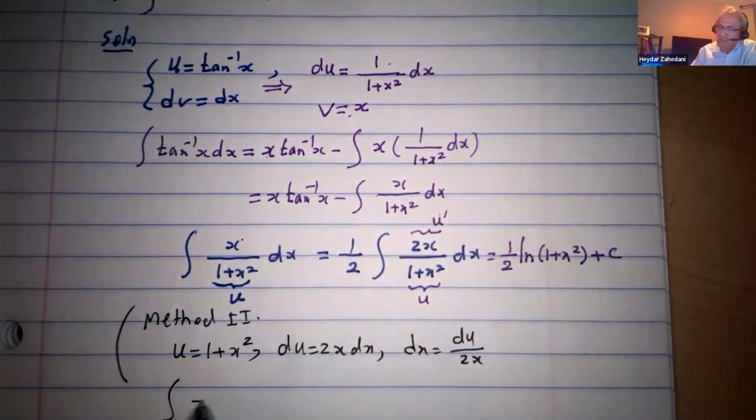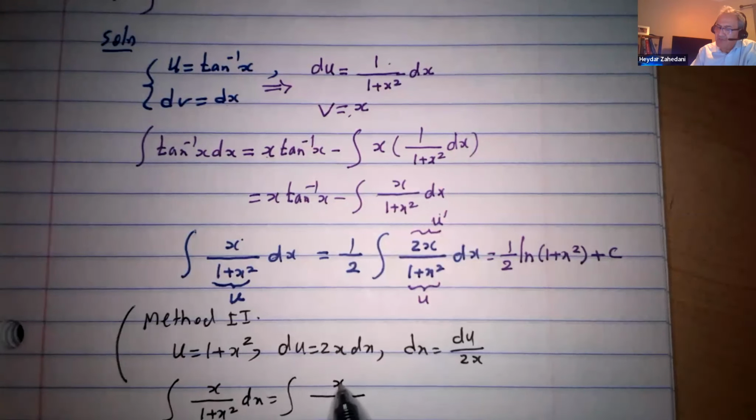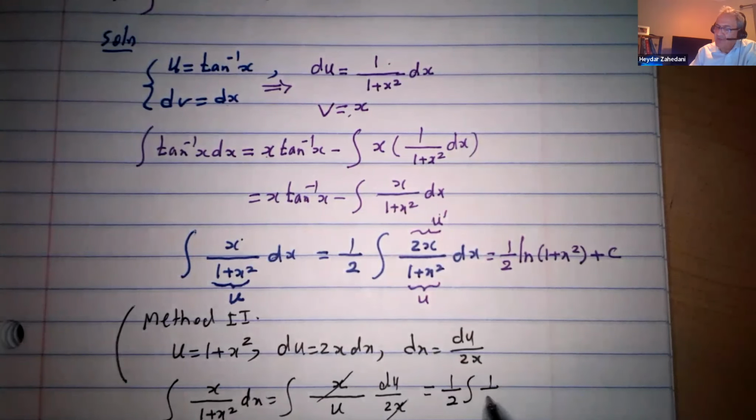So your integral of x over 1 plus x squared dx is the integral of, you don't have anything for the x, don't worry, 1 plus x squared is u, and dx is du over 2x. So the x and x cancel out. That would be 1/2 the integral of 1 over u du, which is 1/2 ln of the absolute value of u plus c. But what is u? U is 1 plus x squared.